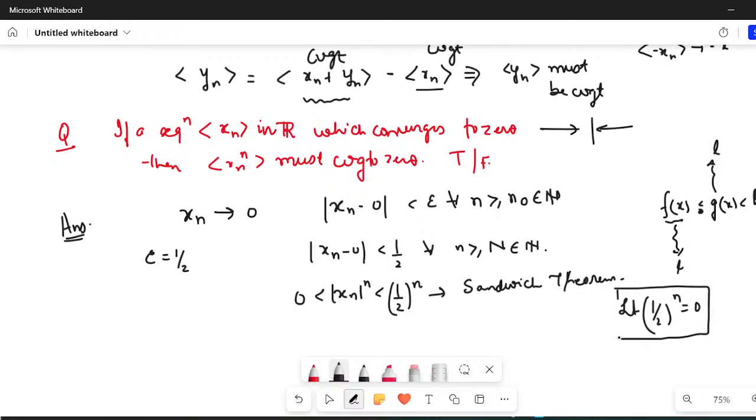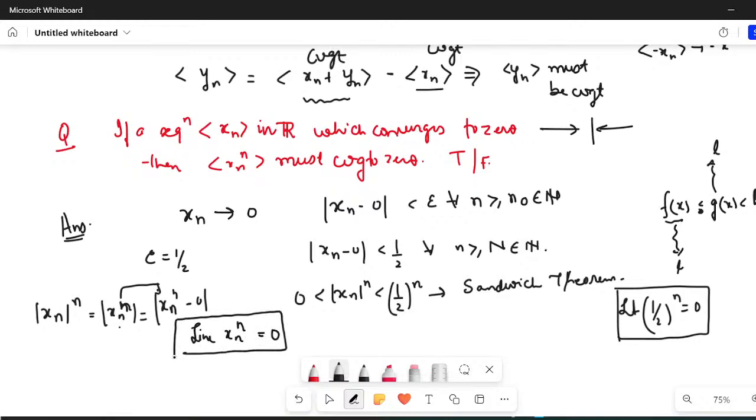What does it imply? It implies that the limit of xn raised to power n, whether I write it this way or this way, is one and the same thing. It implies |xn raised to power n minus 0|, so writing this is equivalent to writing this. From both sides, the limit must be 0 only.